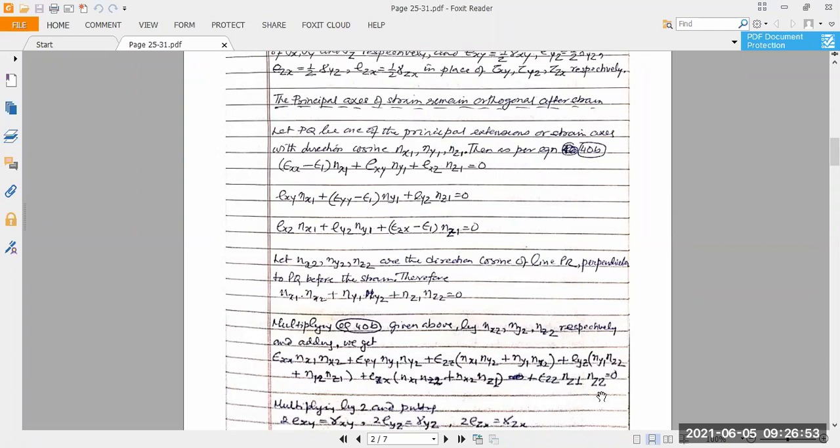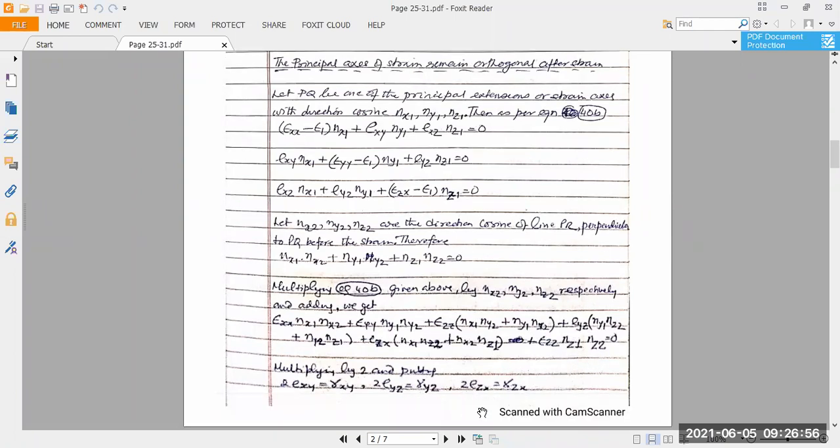So again, an extremely complicated equation comes up here.